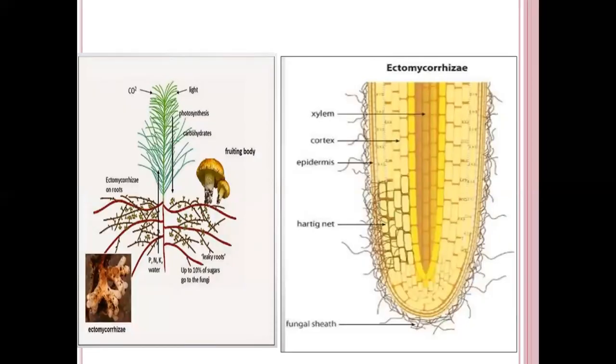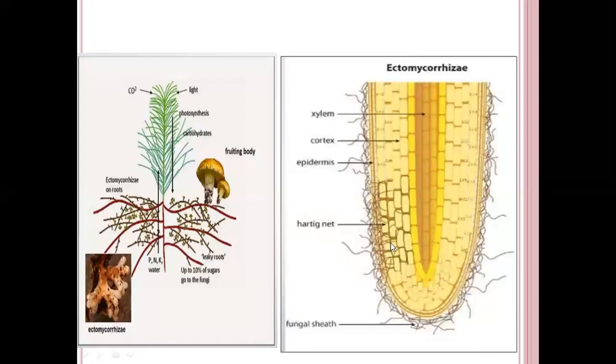With the help of the diagram, you can understand this simple diagram which shows the ectomycorrhiza. You have the vascular bundle, the cortical region, the epidermis region, and here, unlike the endomycorrhiza forming coils inside the cells, in this case you can see this sheath which is present outside the root hair.